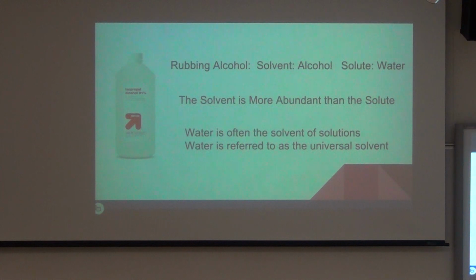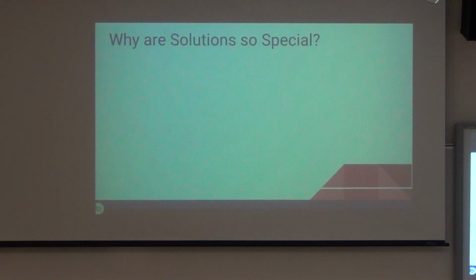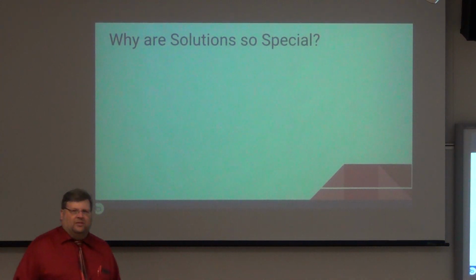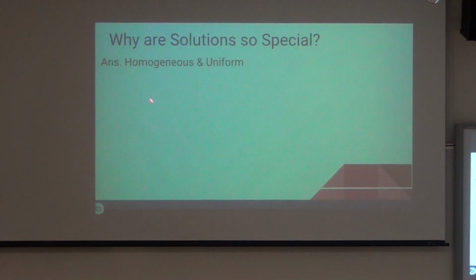When you spill a chemical on you in lab, what do you do? Rinse it out with lots of water because water is an awesome solvent. It tends to wash away most of the nastier things you would run into. So why are solutions so special? Why do we have a chapter called solutions and not a chapter called colloids or a chapter called suspensions? Well, the reason is because they're homogeneous. Having that perfect mixing of everything being perfectly distributed throughout the solvent, that's what makes them special.